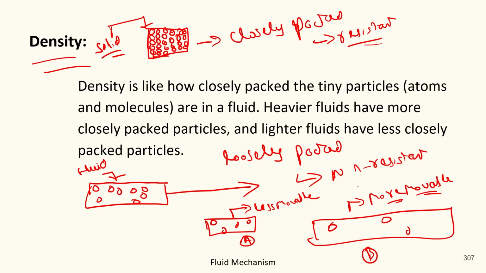Got it? So here we have understood density. Density is basically how the particles of an object are packed together. If they have more space between them, then they will be less resistant. If they have less distance between them, they will be more resistant.